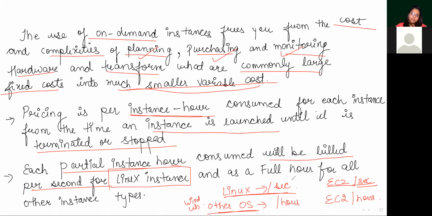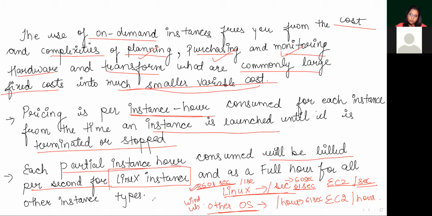Say you have used it for 60 seconds, or say 61 seconds. They will charge you for 61 seconds. Or if you have used it for 3,601 seconds, they will charge you only for those seconds because they charge per second.